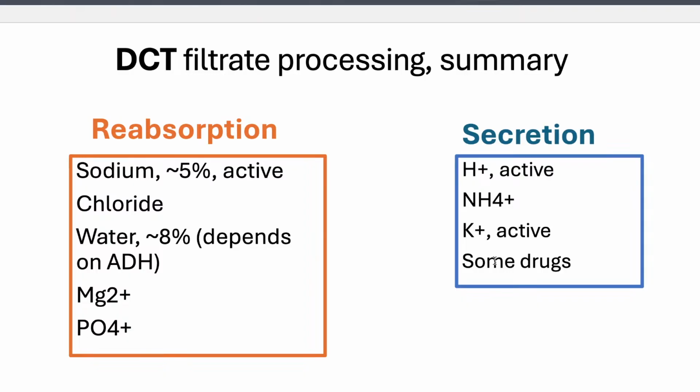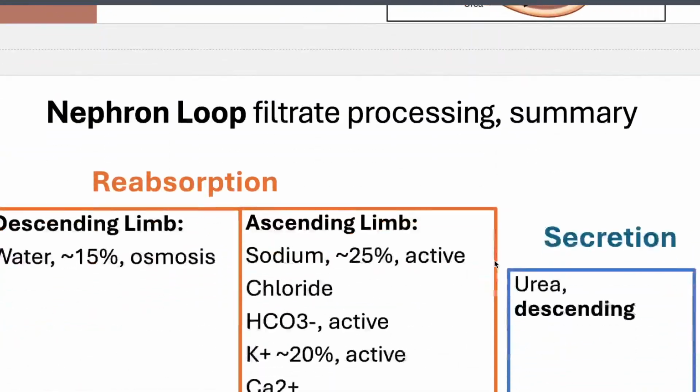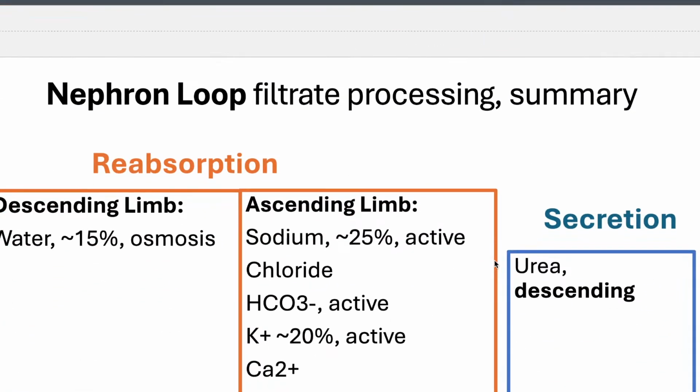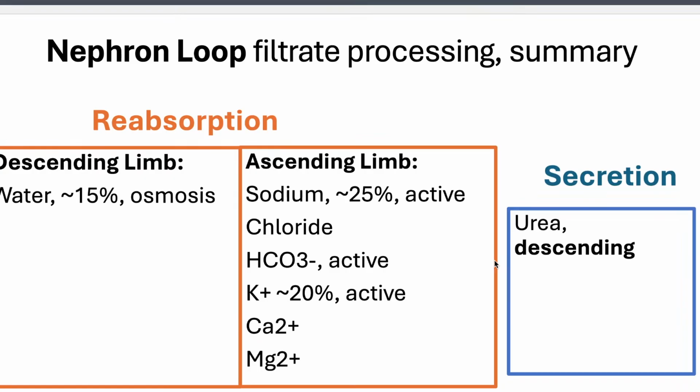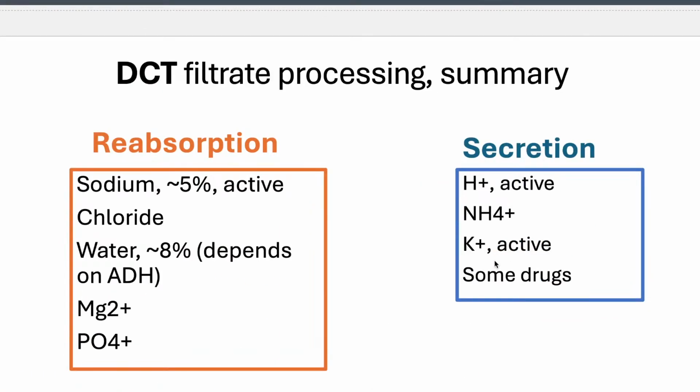All right, cool. So a lot of the secretion stuff is urea. So far, in all but the distal convoluted tubule, urea is being secreted.